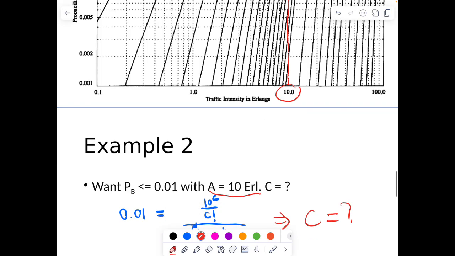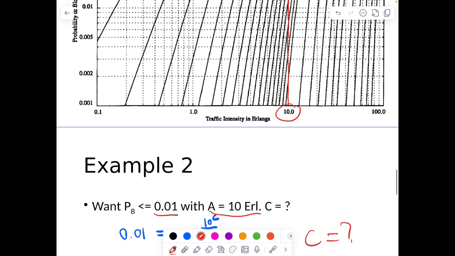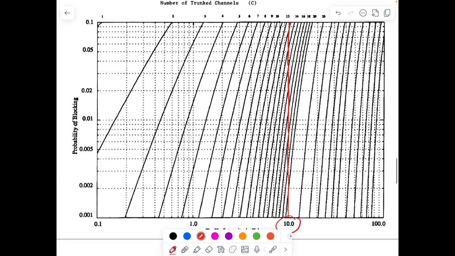And we want a blocking probability of 0.01. 0.01 is right here. So the horizontal line is this one. So that's the target.